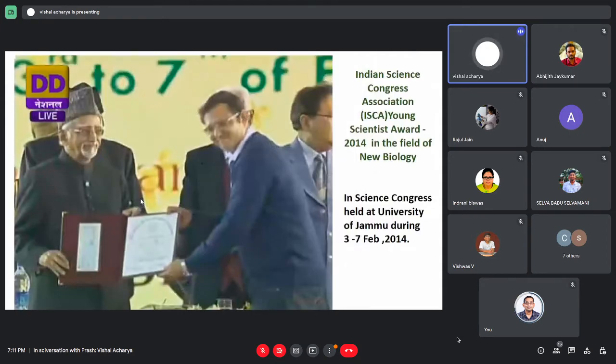Subsequently, after my PhD years, I was honored by the Indian Science Congress Association in the field of new biology, presenting my PhD work on the evolution of the immune plant system.